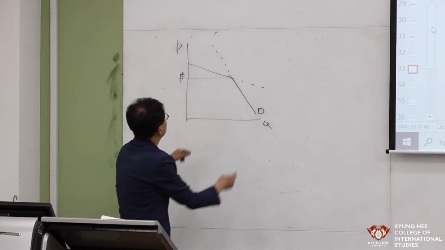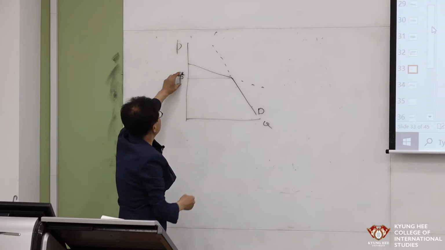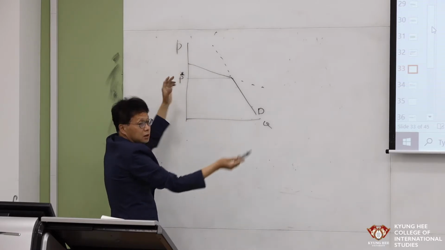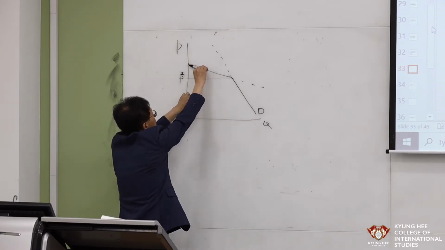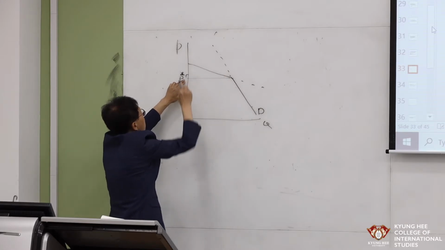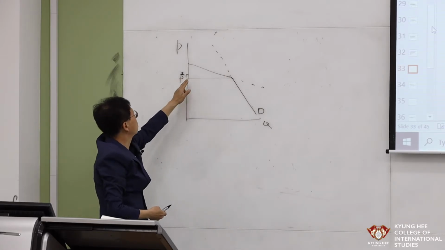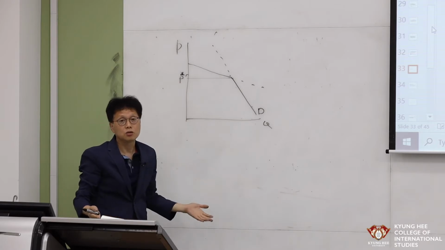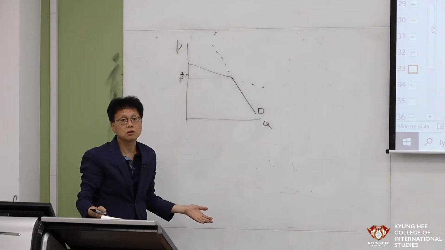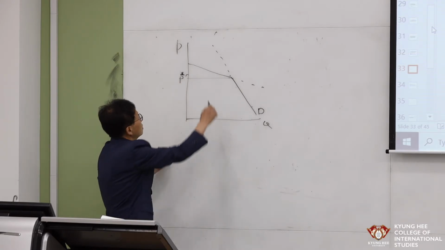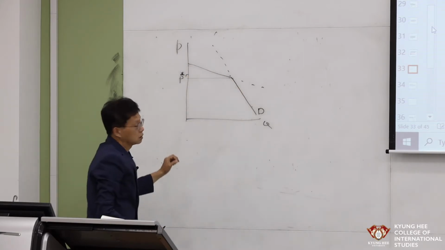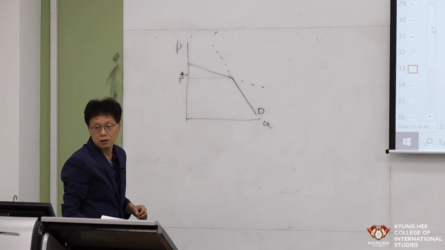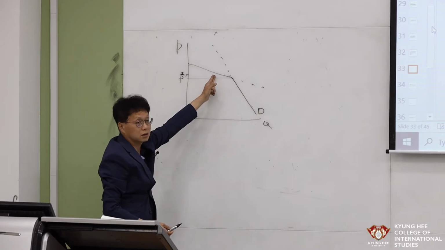So at this P star, if the price is higher than this prevailing price, the demand curve is elastic, right? If you raise your price, or your competitors raise their price, nobody follows suit. So like this, very elastic.